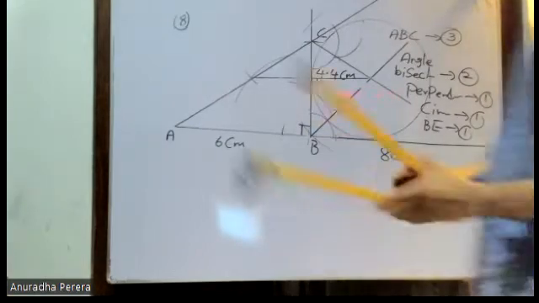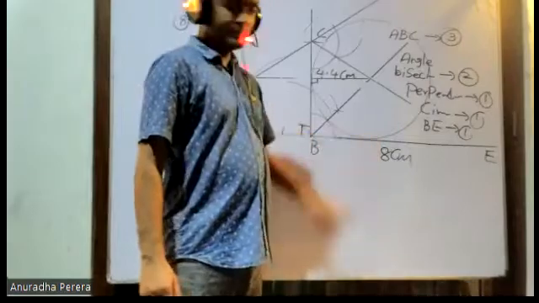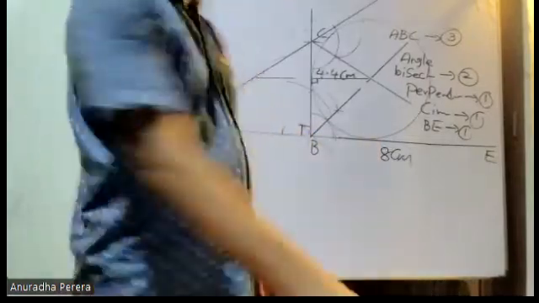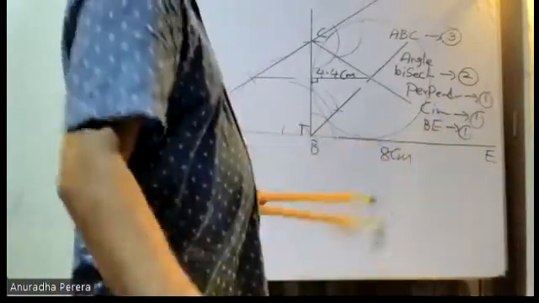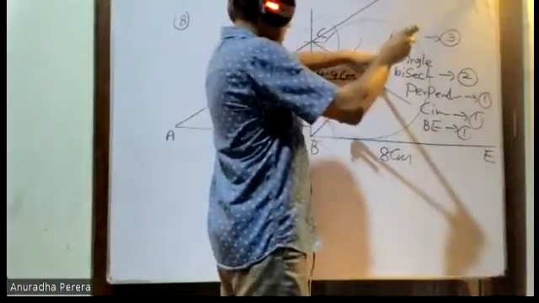Then how can you obtain this one? There is a small problem now. You have to identify the tangential point. If you draw a perpendicular to this straight line from the center, we can identify it.